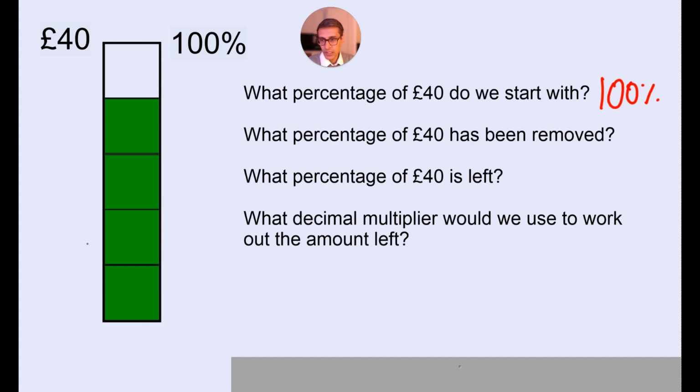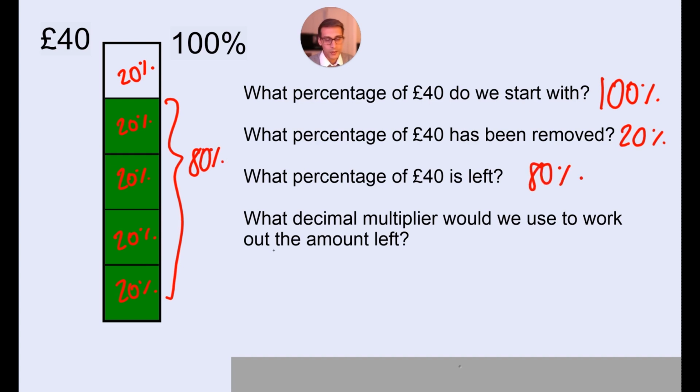Well, 100 split into 5 equal parts means each part is worth 20%. So it adds up to 100%. So we've removed 20%, and what we're left with is 80%. So the decimal multiplier here to work out a 20% decrease is 0.8. That's what we're left with, 80%.